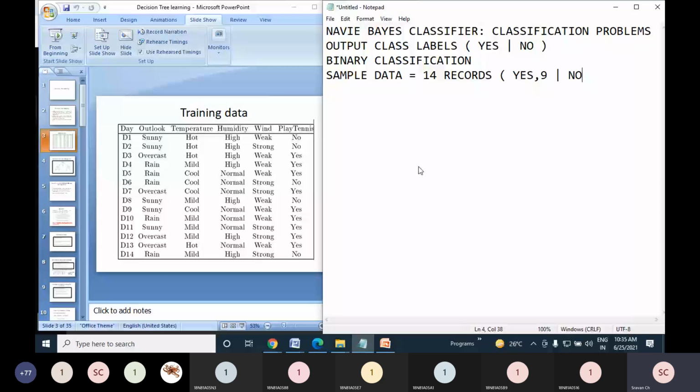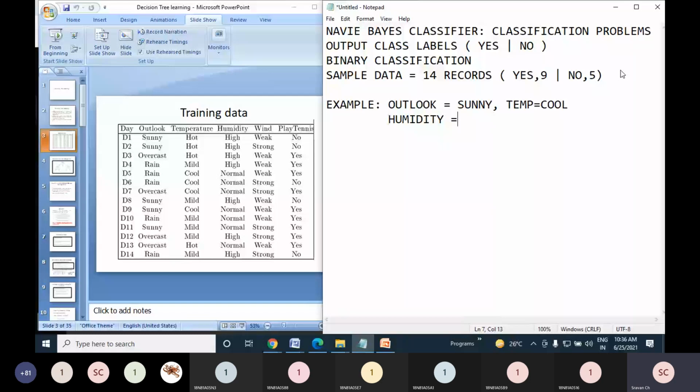Now suppose I need to predict, this is my problem statement: outlook is equal to sunny, temperature is equal to cool, humidity is equal to high, wind is equal to strong.